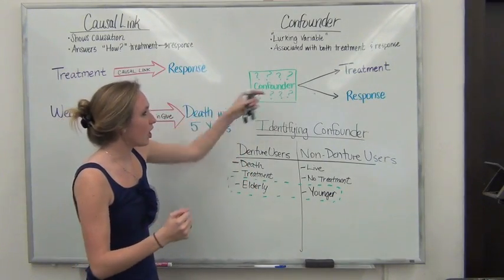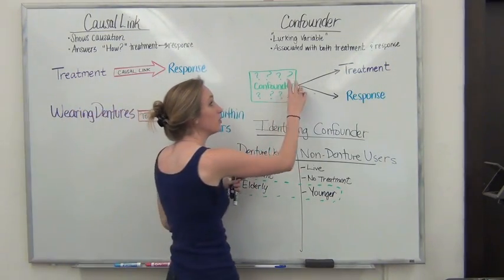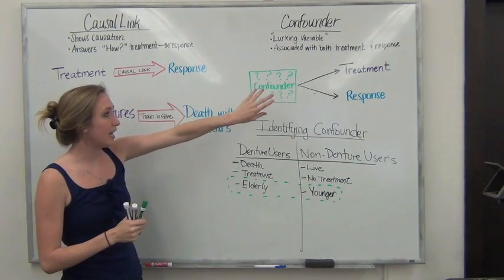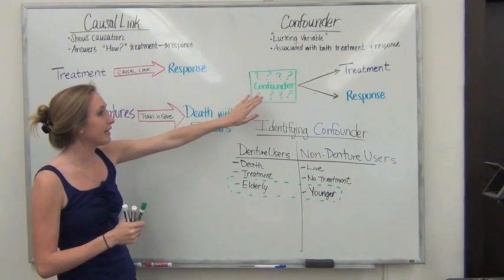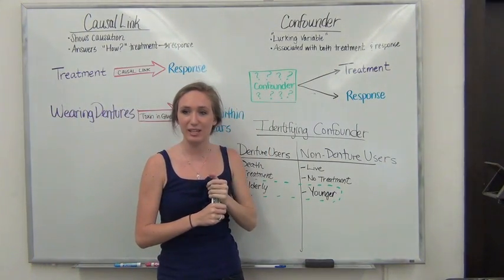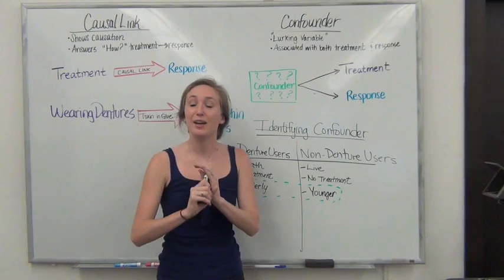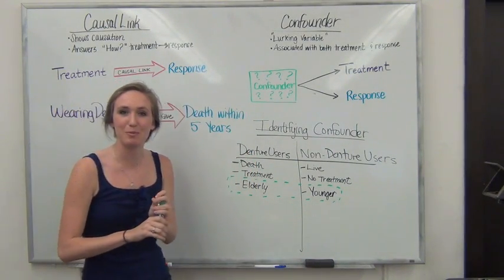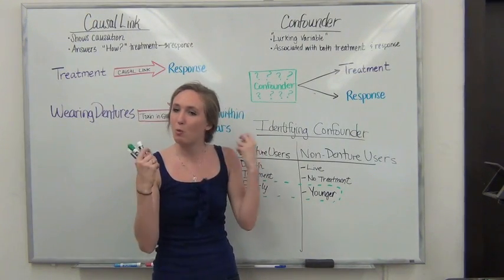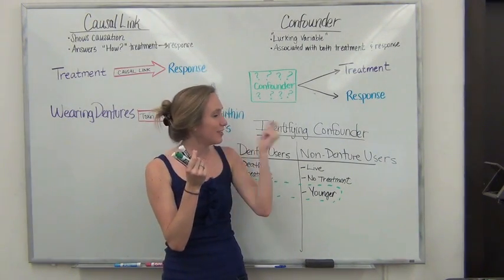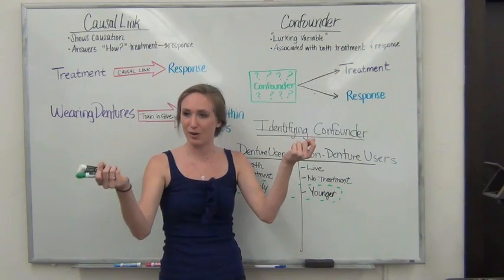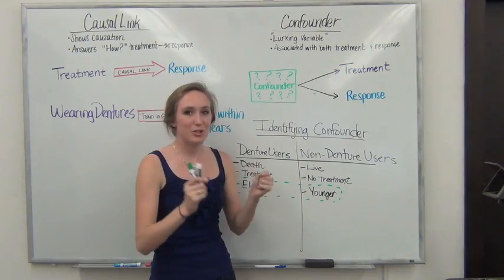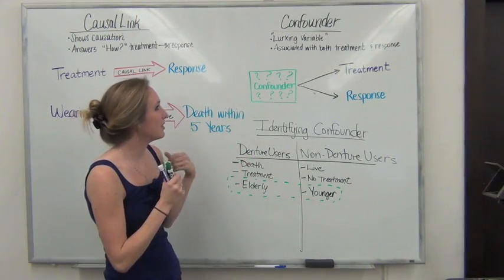But to be a confounder, genetics has to be associated with both the treatment and the response. So would genetics make you more likely to have dentures than the other? But it wouldn't be the same gene, I guess. That's the problem. That's a great point. From a scientist's perspective, sure, some people might be more prone to have worse teeth than others, but what are the odds that the gene for good teeth also lies on the gene for early death? It would have to be the exact same gene, which is highly unlikely, right?